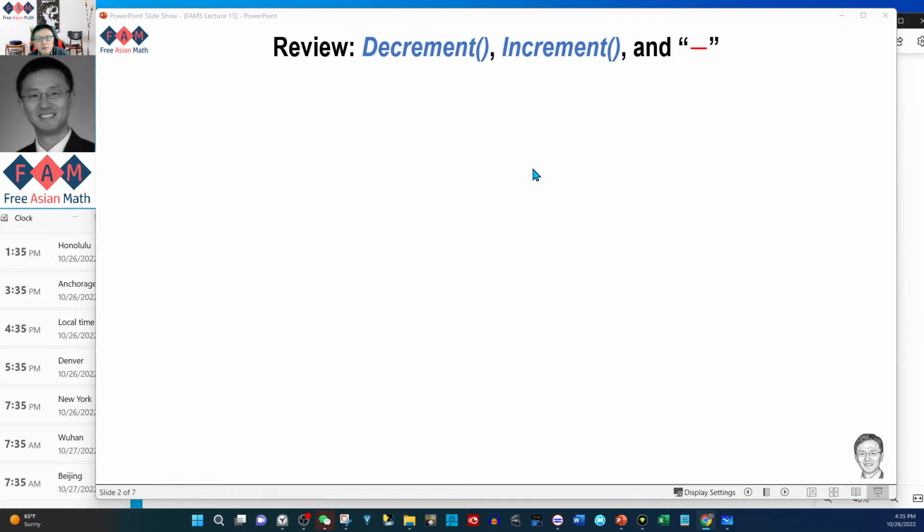So capital decrement 0 gives us a -1. And then we will continue to do that to get all the negative integers. That's where the negative integers came from, or how we define them.